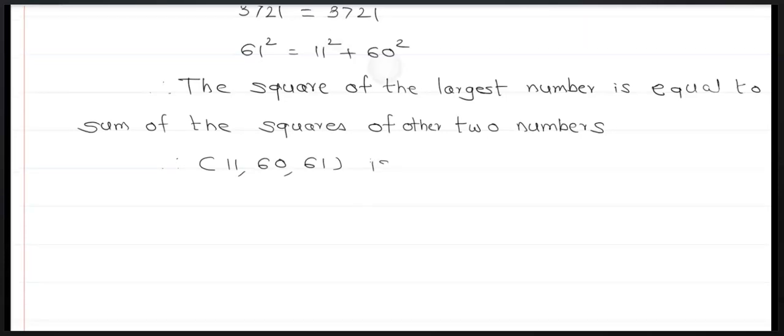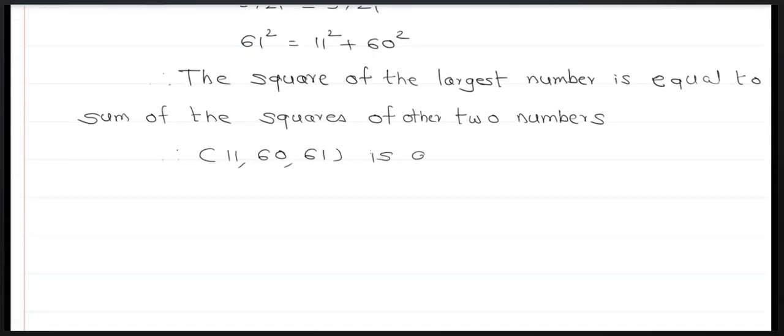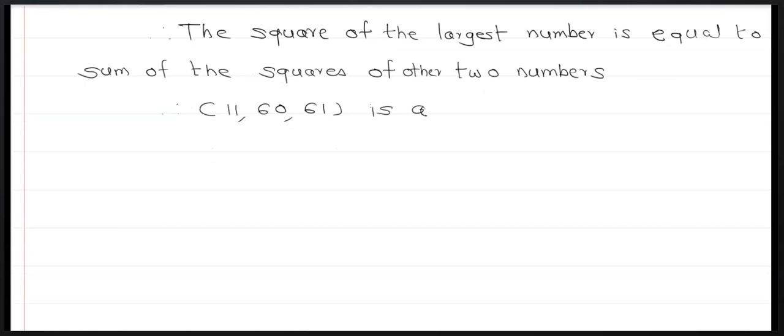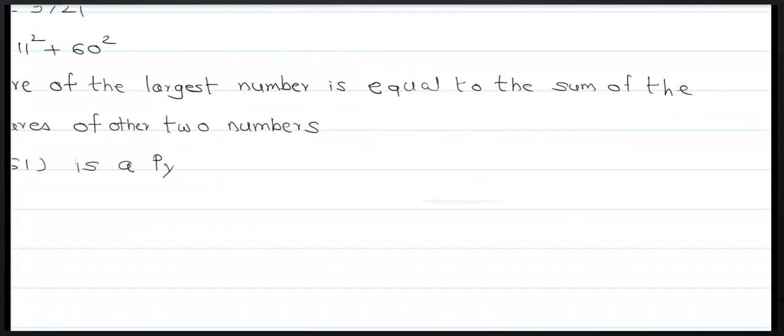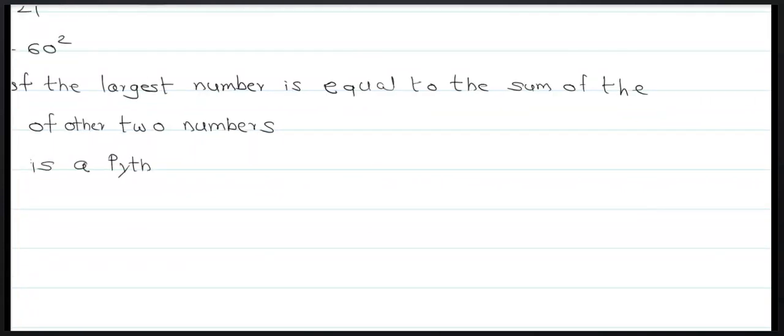Therefore, 11, 60 and 61 is a Pythagorean triplet.